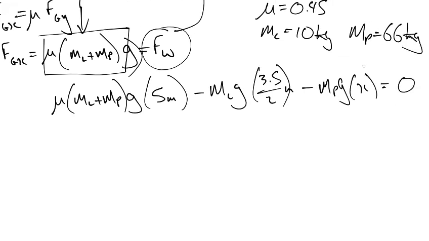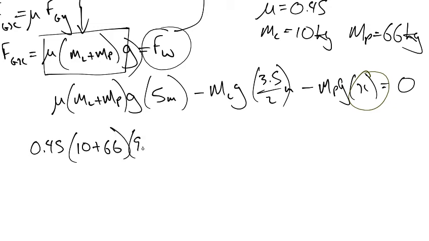Solving, now I'm solving for x. Okay, here we go. So it's 0.45 multiplied by 10 plus 66. I'm going to leave the units off just for now so that I can fit it on the screen here.